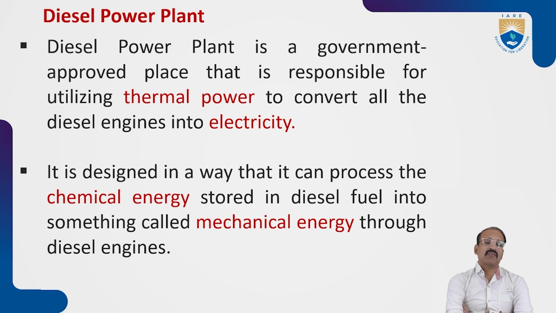So a diesel power plant is a government approved place that is responsible for utilizing thermal power to convert diesel engines' output into electricity. There is some chemical energy in the diesel, and we burn it. Normally the chemical energy is converted to thermal energy, and that is converted into mechanical energy, which is coupled to the generator, and the mechanical energy is converted to electricity.